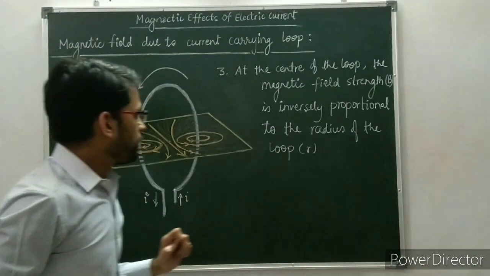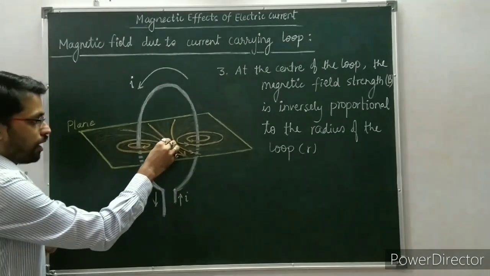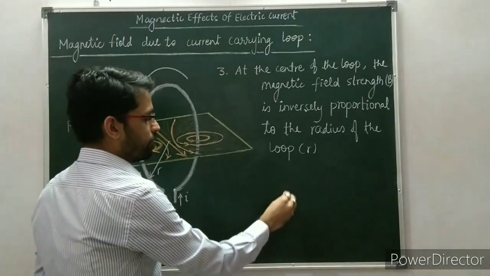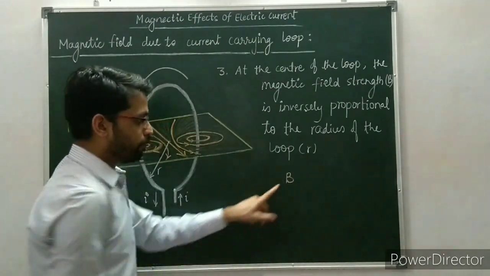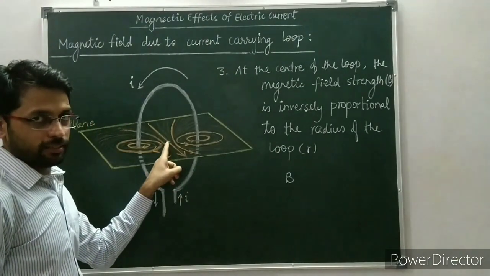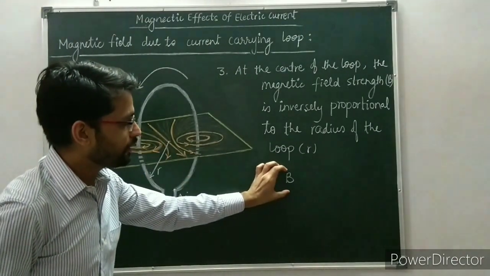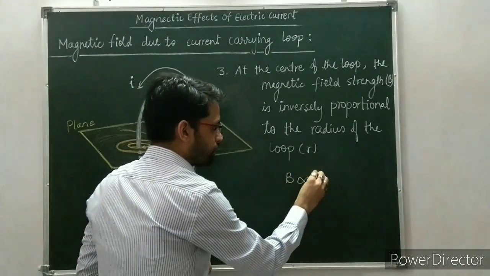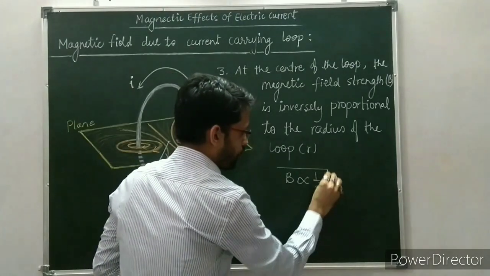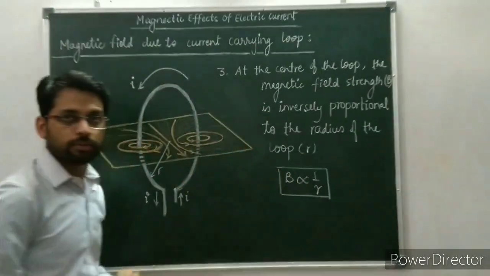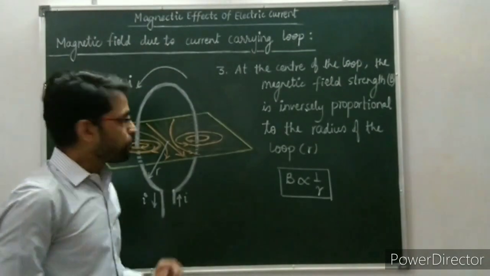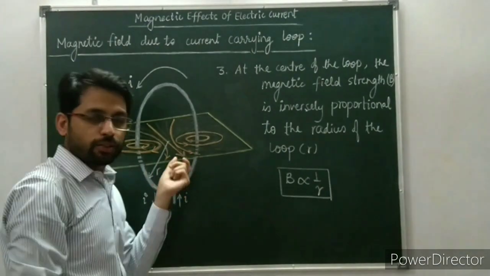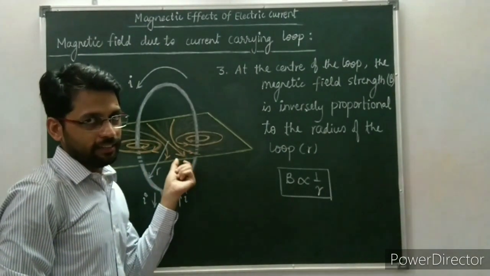If r is the radius of the loop, then mathematically we can write the magnetic field strength B at the center is inversely proportional to the radius of the loop. It means smaller the loop or smaller the radius, stronger the magnetic field at the center.